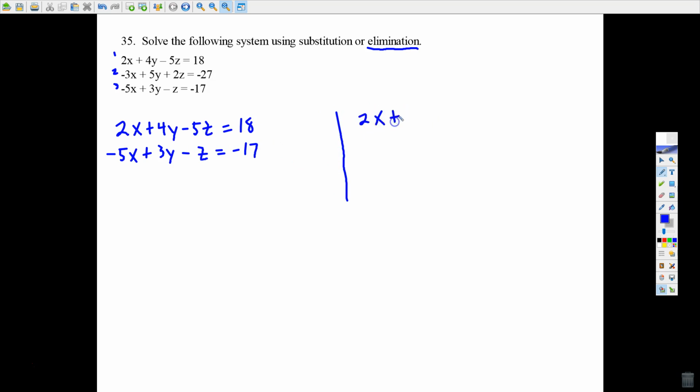Here's equation 1 again. And this time I'm going to pair up with, sorry, I need to back up. Sorry about that. I did 1 and 3, so this time we're going to do 2 and 3, because that would be the easiest way to eliminate z.